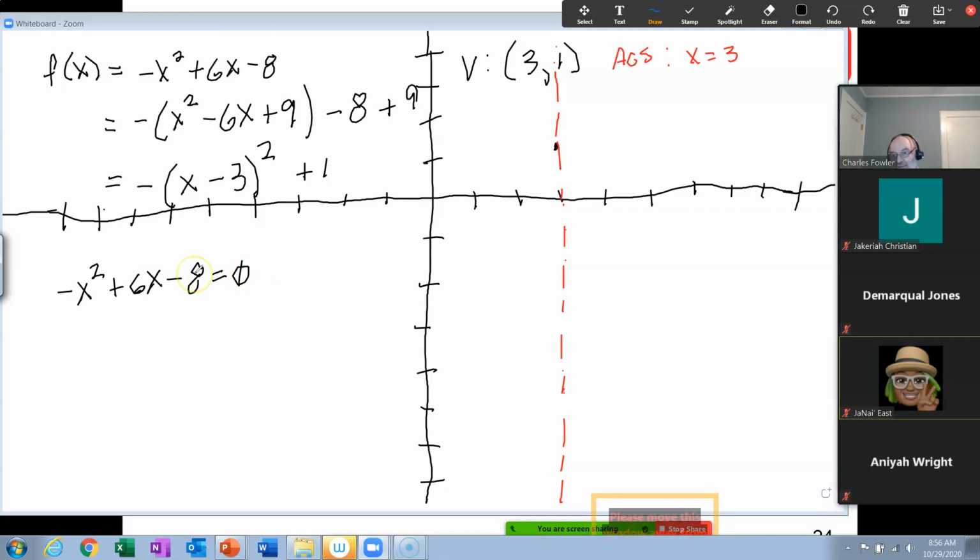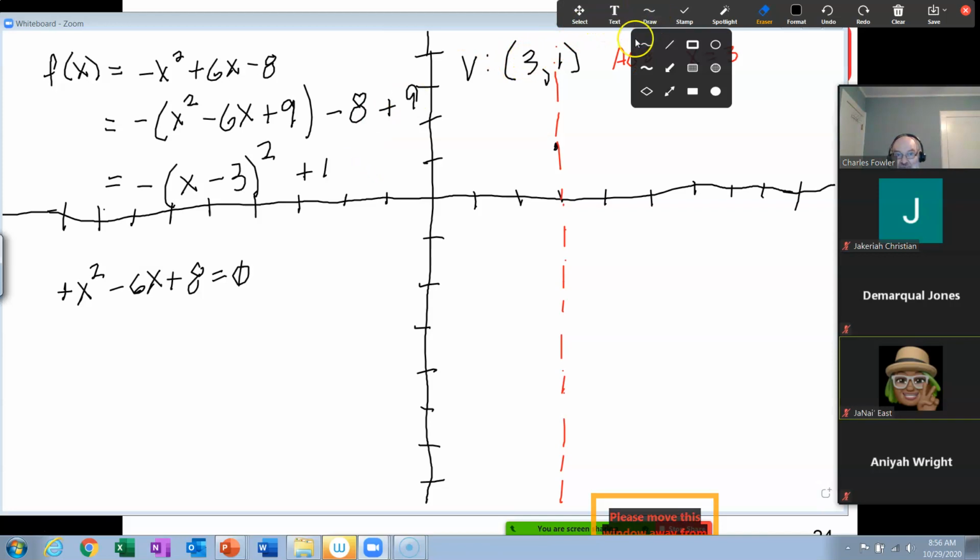I'm going to multiply by -1. That will make this a plus, and make that one a minus. So I'll erase that and make it a minus. That's the same equation, not the same function. We changed that, but it's the same equation because it was equal to 0.